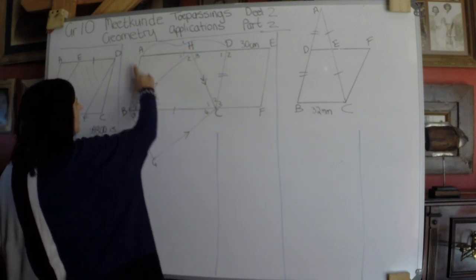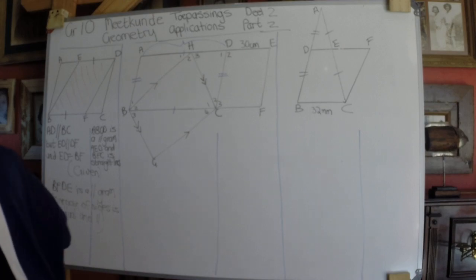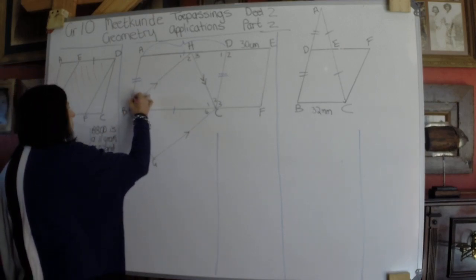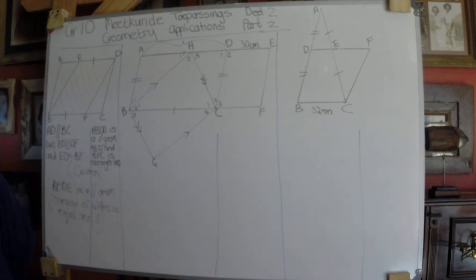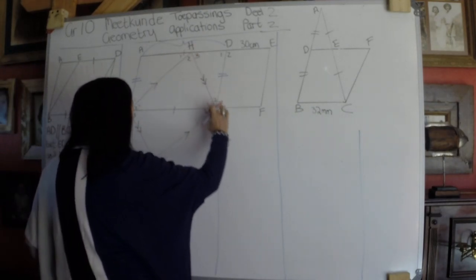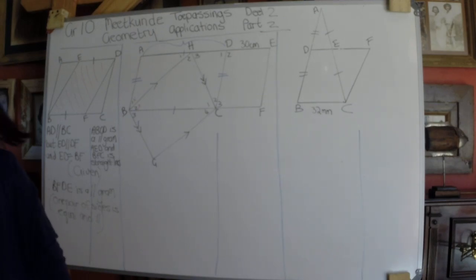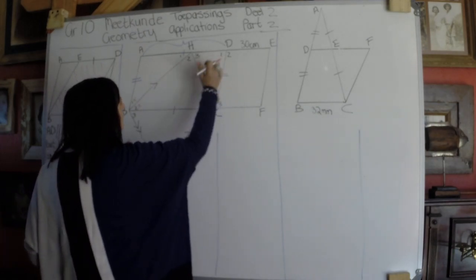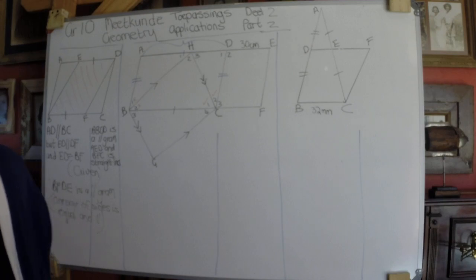BH, this line, halves this angle. So we can mark these two, B1 and B2, as equal. Hulle sê dit halveer. And then they also say that HC also halves BCD. So that angle and that angle is also equal to each other.